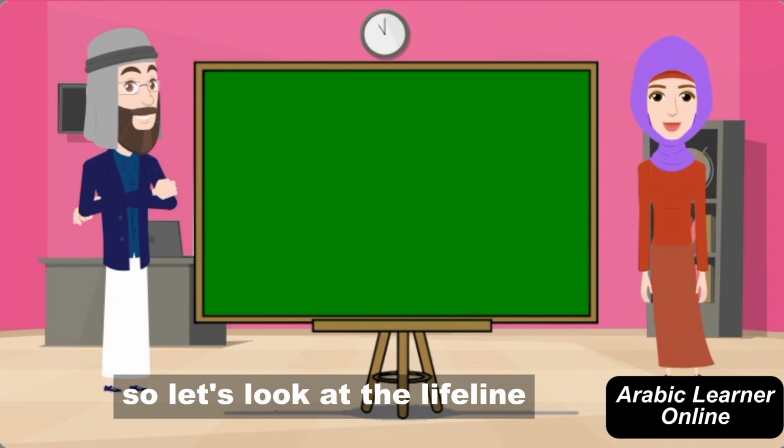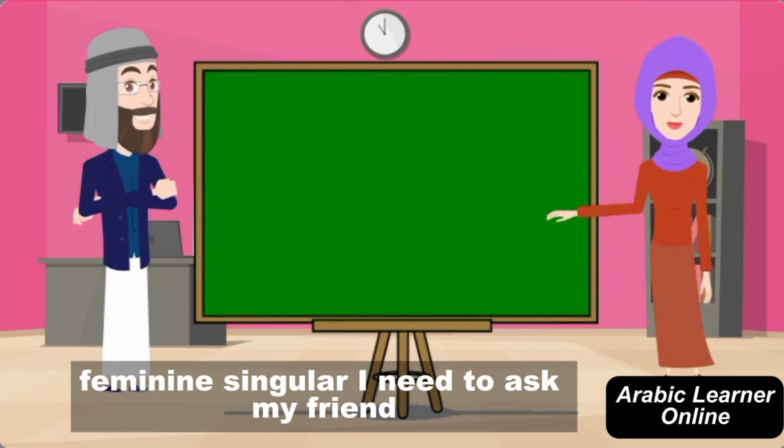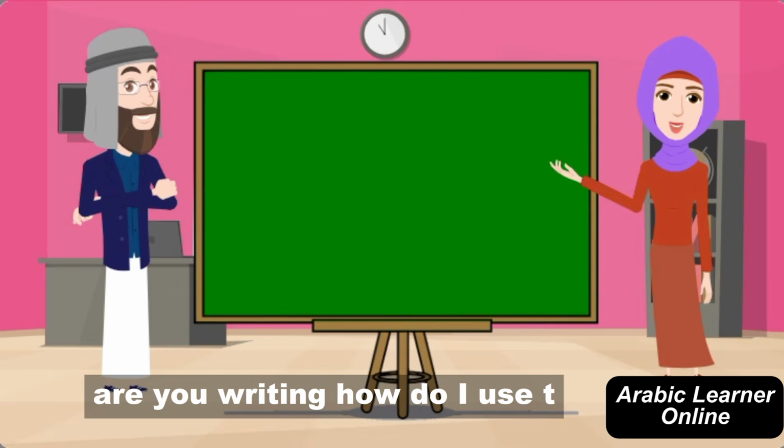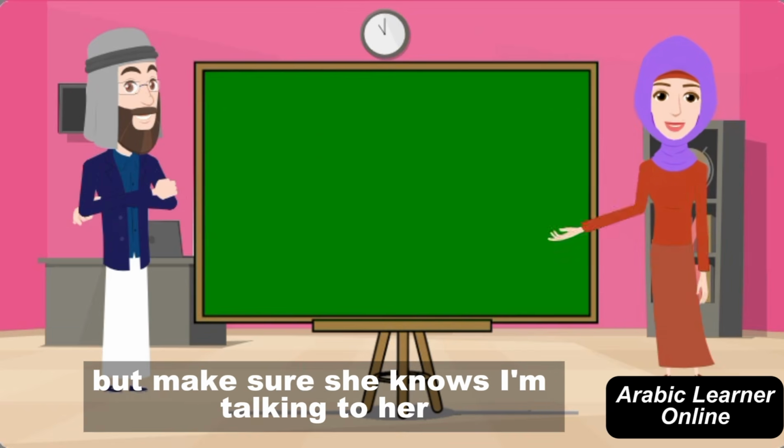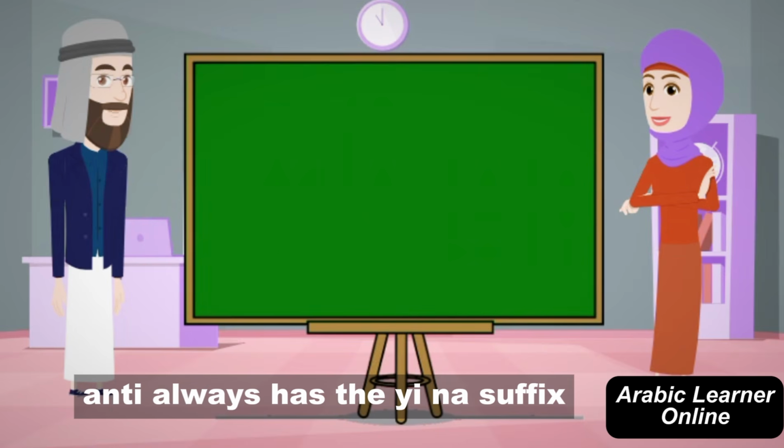So let's look at the lifeline. Anti, you feminine singular. I need to ask my friend, are you writing? How do I use ta but make sure she knows I'm talking to her? This is crucial. Anti always has the ina suffix.